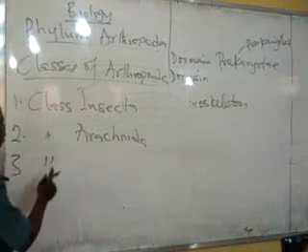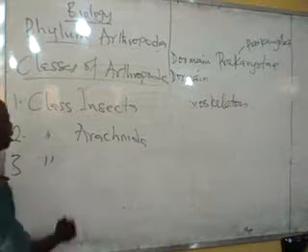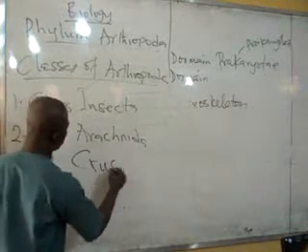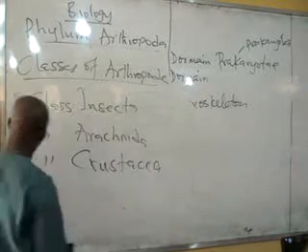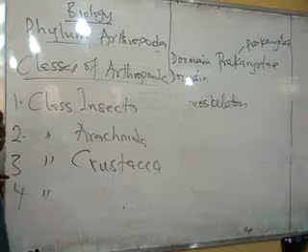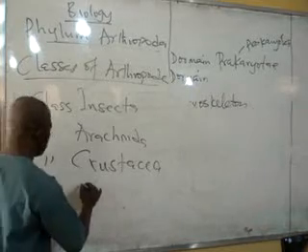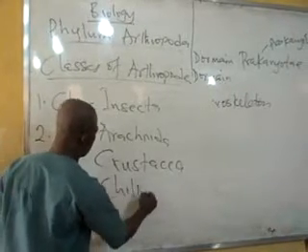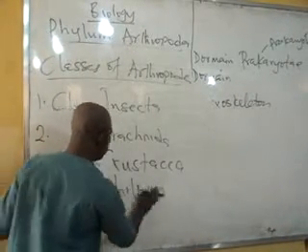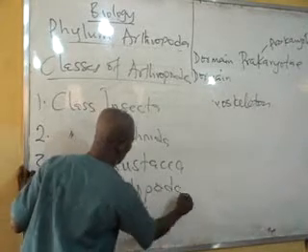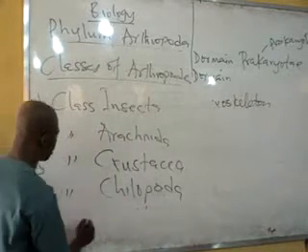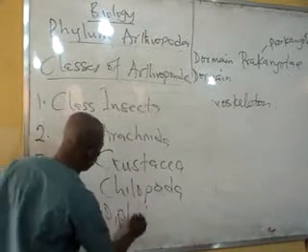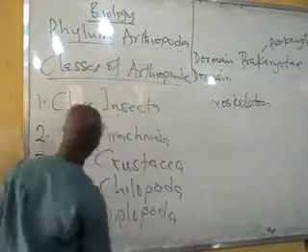Class 3 under this phylum is class Crustacea. And the fourth class is the class Chilopoda. And the fifth class is the class Diplopoda.